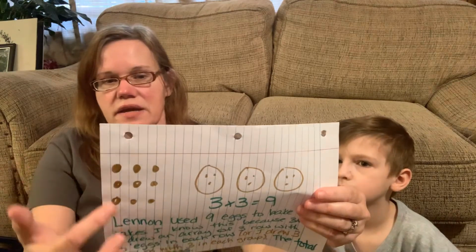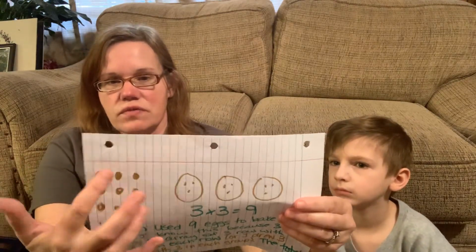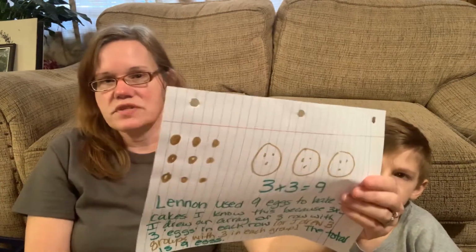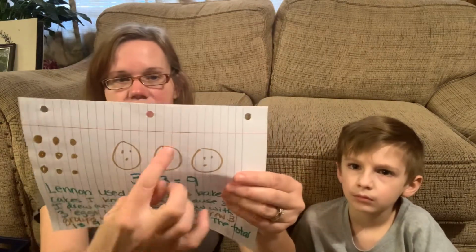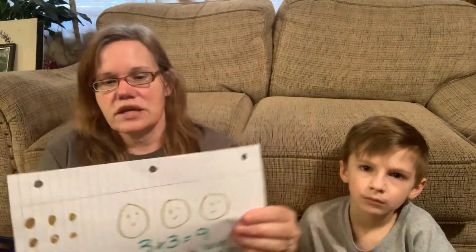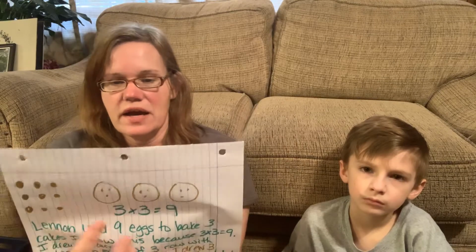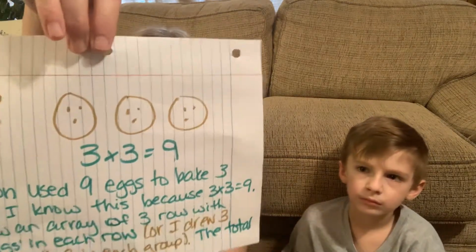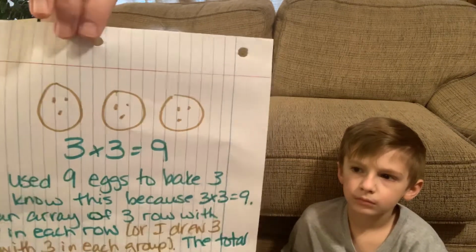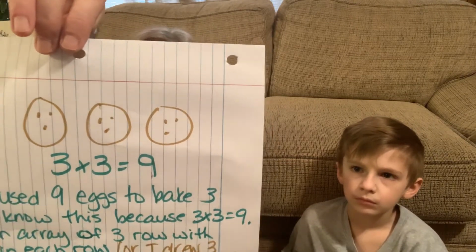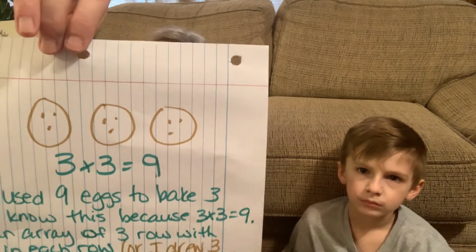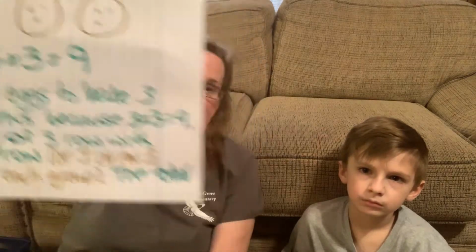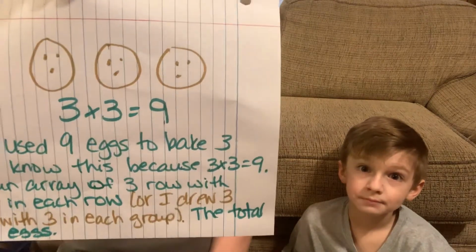So how do we solve that problem? There's a couple ways we could do it. We could make an array of 3 rows with 3 in each row representing the eggs, or we could make groups of 3 with 3 in each group. So we know we have 3 groups of 3, or 3 times 3 equals 9. So I could say Lennon used 9 eggs to bake 3 cakes. I know this because 3 times 3 equals 9, and we actually just worked on that fact, didn't we?